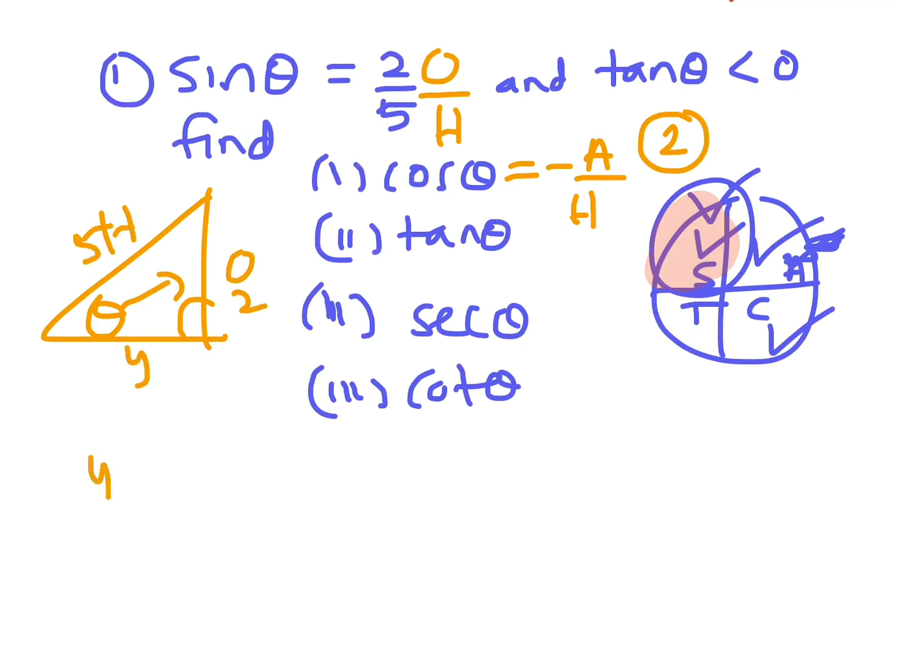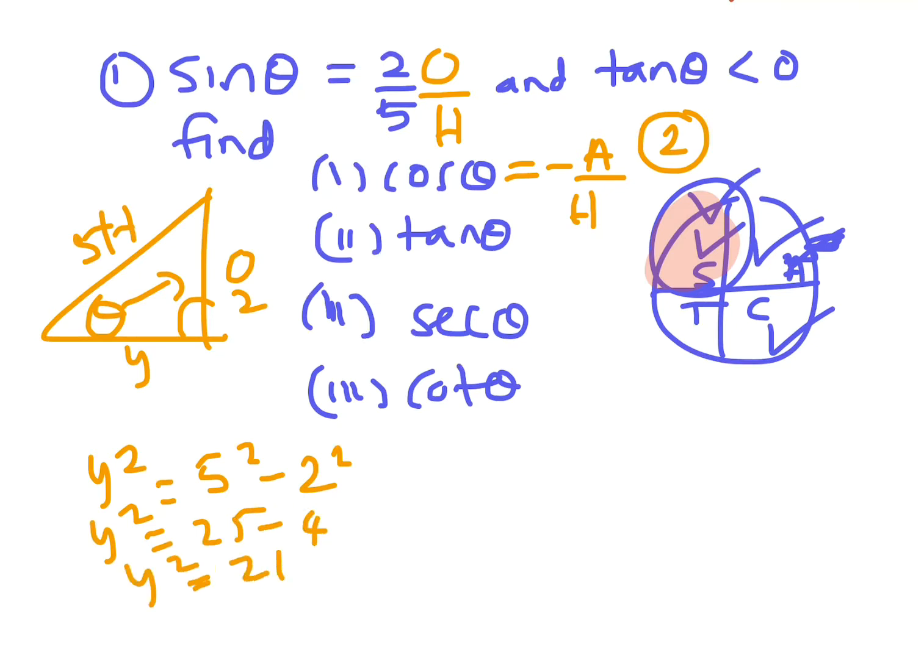So if you get the third side, y squared by Pythagoras, 5 squared minus 2 squared, 25 minus 4, y squared is 21. Y is root 21. So that means that cos theta would be adjacent, which is root 21 on hypotenuse, which is 5. So minus root 21 on 5.